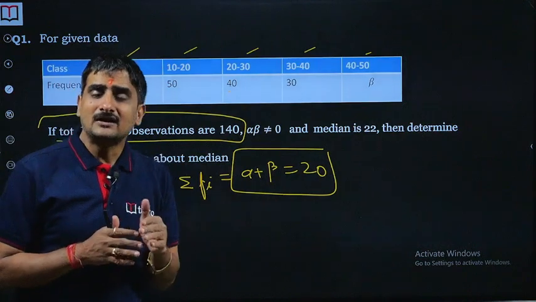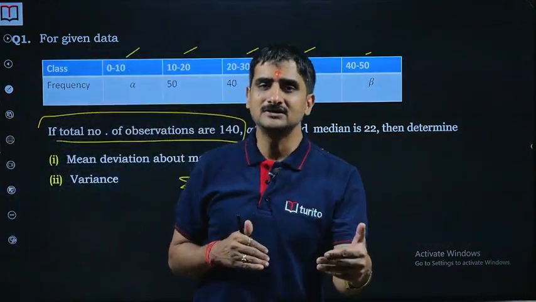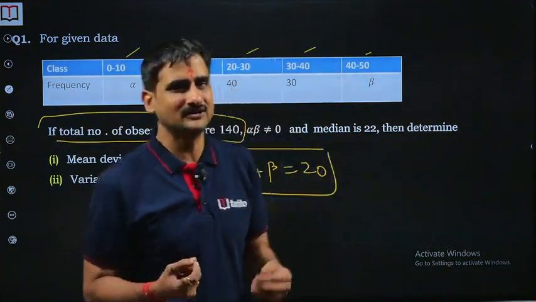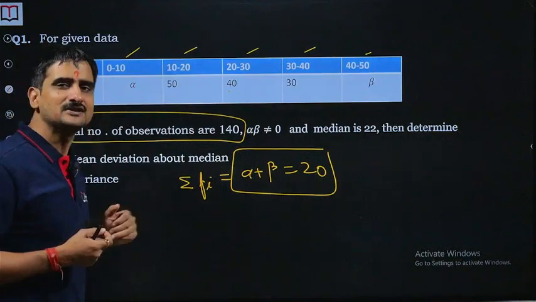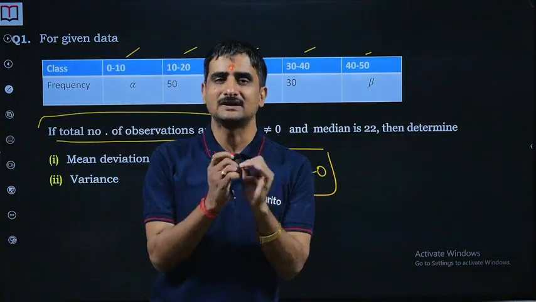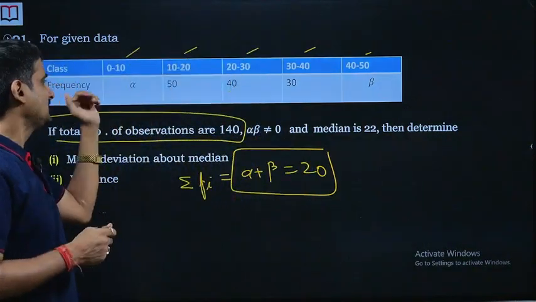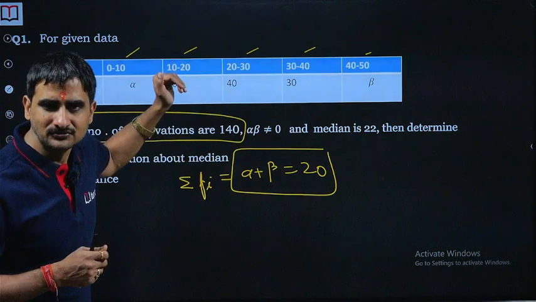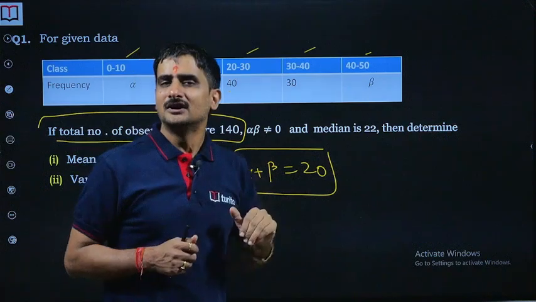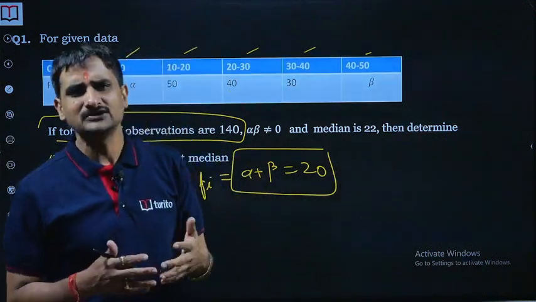So if you are talking about mean or median, mean and median of what? Mean and median of the observation. If the class interval is given, then of course 0 to 10 should be the observation, like 0 to 10 marks. How many students got 0 to 10 marks? Alpha students. How many students got marks between 10 and 20? There are 50 students. How many students got marks between 20 and 30? There are 40 students, and likewise.